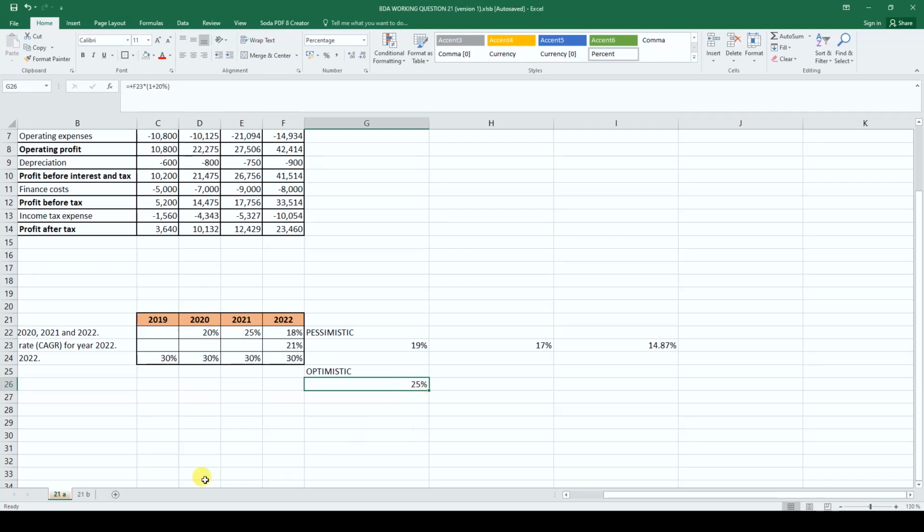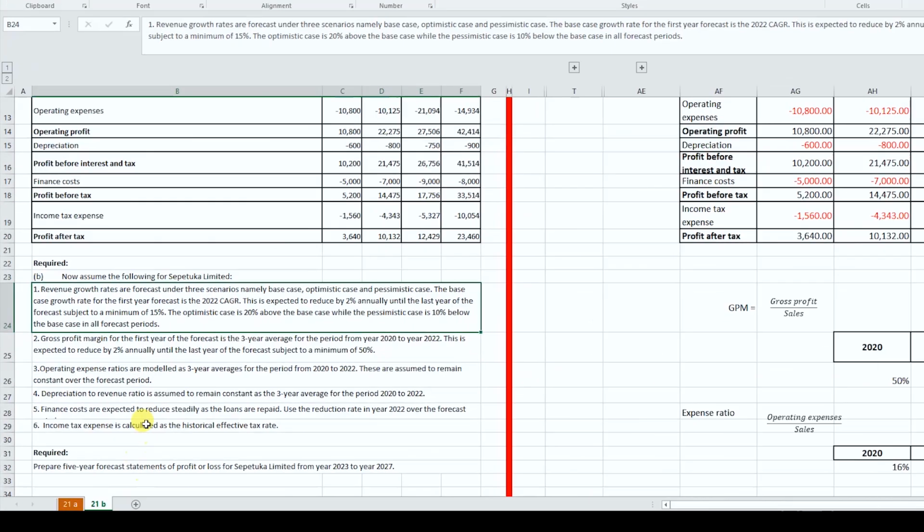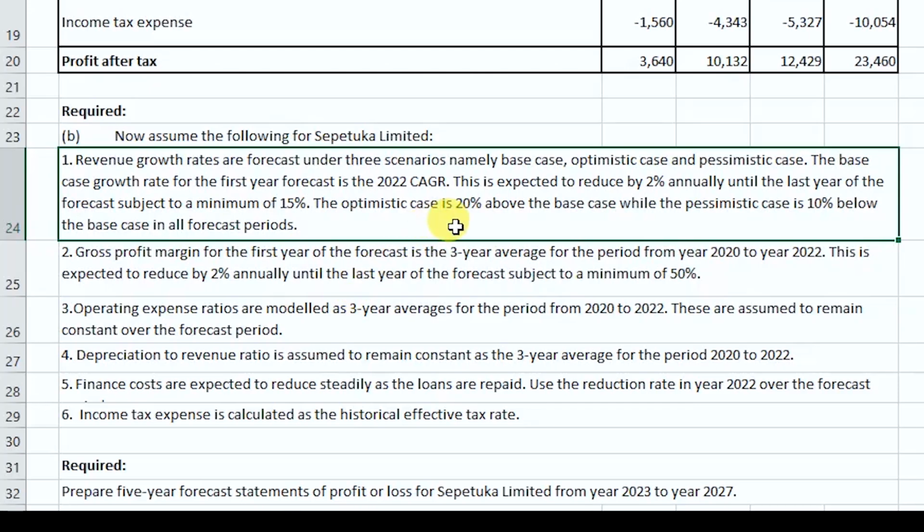So what are we told? We come back to tab B. 20% above the base case. So the base case was 21%, yes. So we are saying that it is expected to reduce like that.